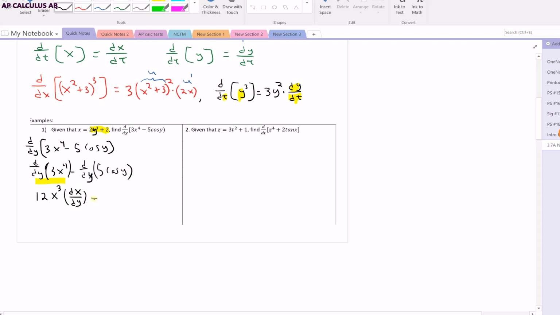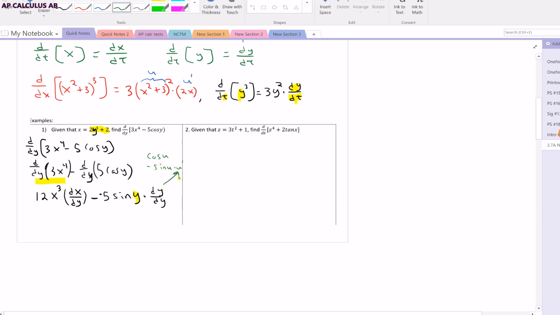Okay, and then we have minus, we're taking the derivative over here. d dy of 5 cosine y is going to be negative 5, because the derivative of cosine is negative sine y, times the derivative of the inside, which is dy, right? If you remember the rule that we learned for cosine, the derivative of cosine u goes to negative sine u times u prime.